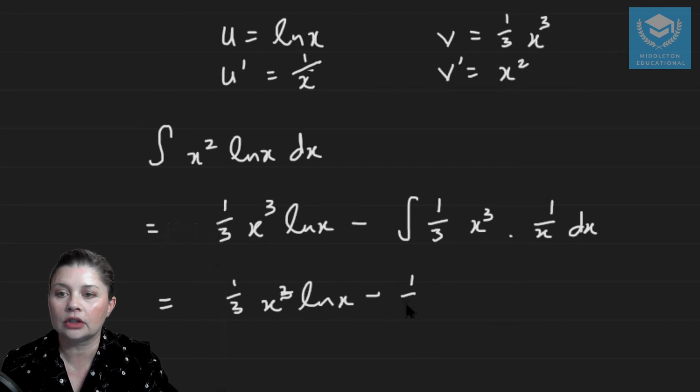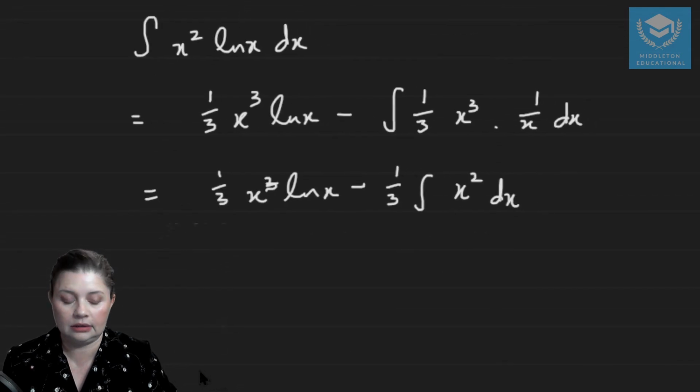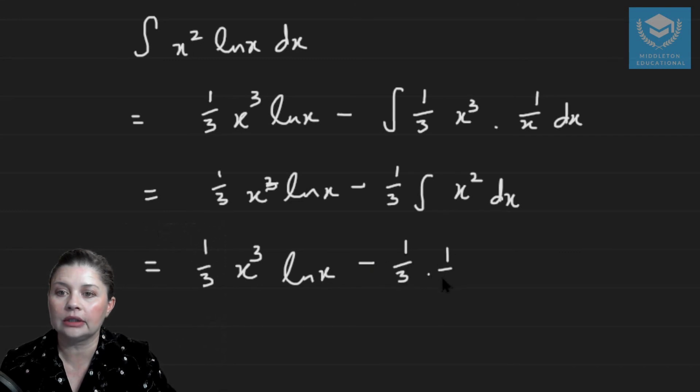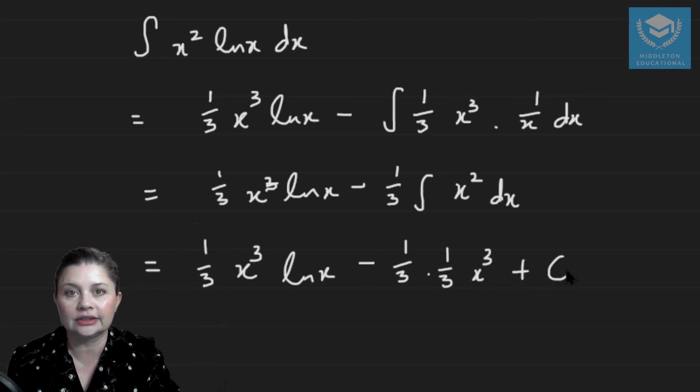I can take the constant value out, and that is just going to be x squared dx, and that will be equal to a third x cubed ln x minus, times 1 over 3 x cubed, plus our integrating constant.